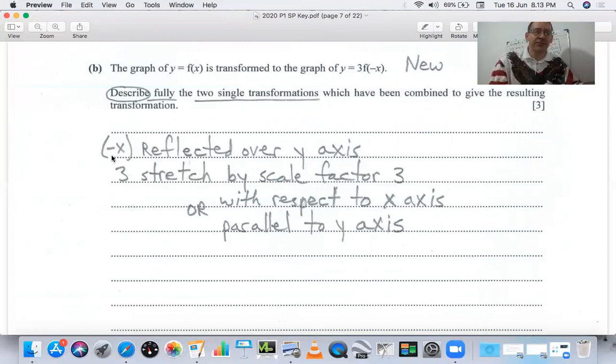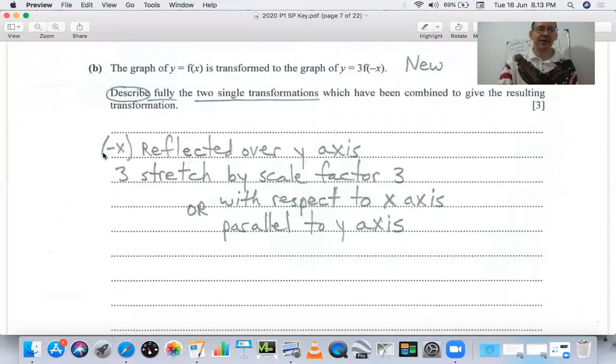So here, first of all, the negative on the x means we're reflecting our graph over the y-axis. So remember, negative on the x, you reflect on the y. If the negative had been outside, meaning it was on the y, you'd reflect over the x.